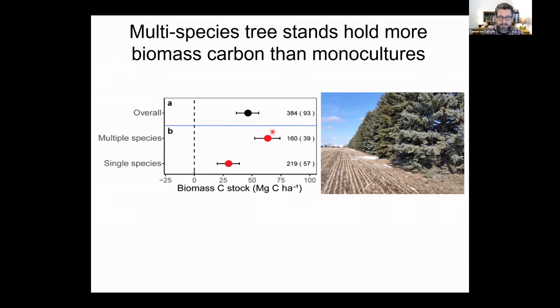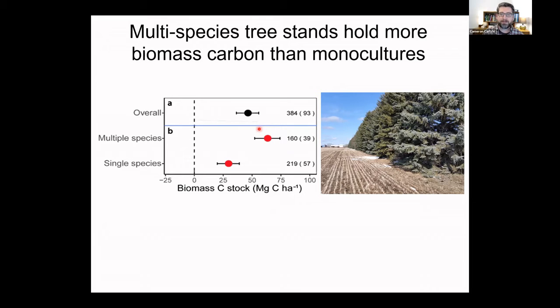And what you can see here is that had a substantial increase on the amount of carbon stored in the system. So having a diversity in terms of tree species leads to more carbon.